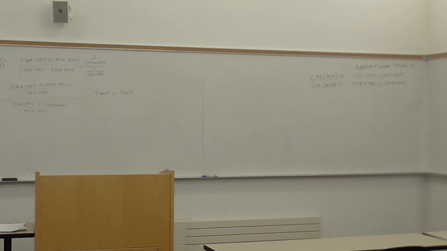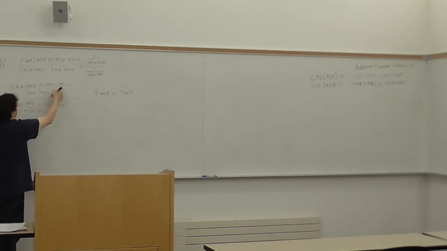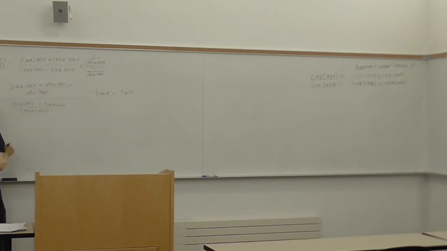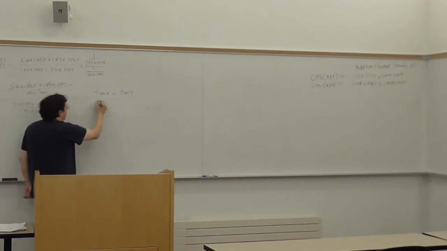Did I do that too fast? It means that here I'm crossing out cosines of y, so this is tangent of x. Here I'm crossing out cosine of x, so I'm just left with the tangent of y. Over here now, cosine x cosine y over cosine x cosine y, that's just 1.